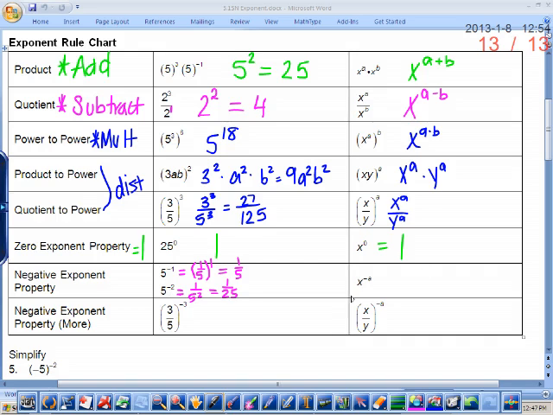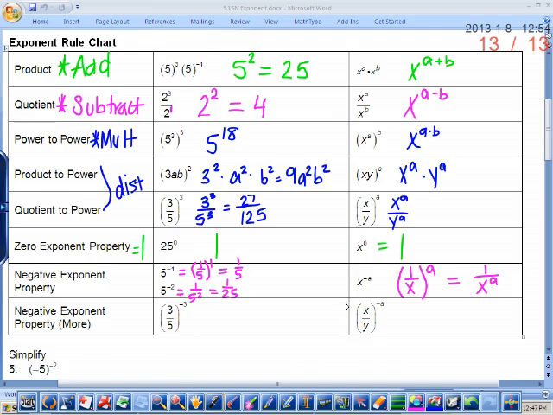So I can rewrite x to the negative a as 1 over x, the whole thing raised to the a power, which is the exact same as 1 over x to the a. These two are exactly equivalent. You can think of it by distributing this a, or you can think about it as taking this whole thing and moving it to the denominator. Okay? We okay with that?